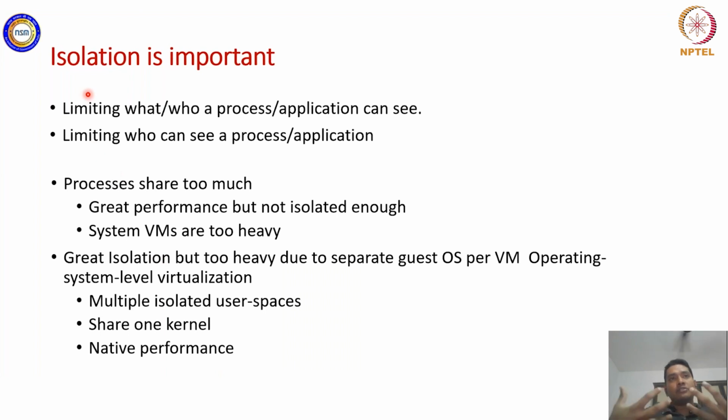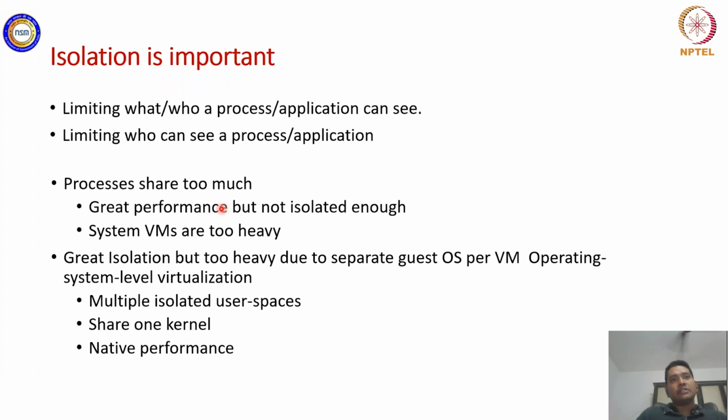But of course, isolation of these processes is very important, because with the increasing workload for different application domains, some processes need to be completely isolated from another set of applications. So limiting what processes can do, who can run them, how many resources they can see, and how many resources they can share, are all very necessary from the point of view of isolation.